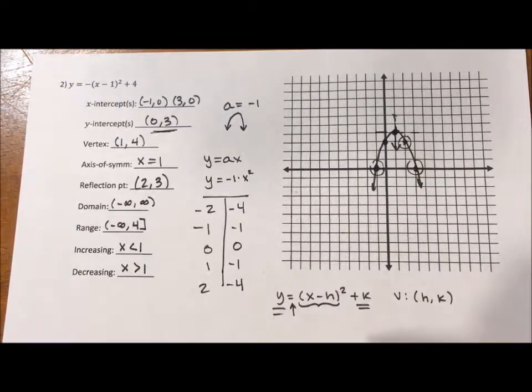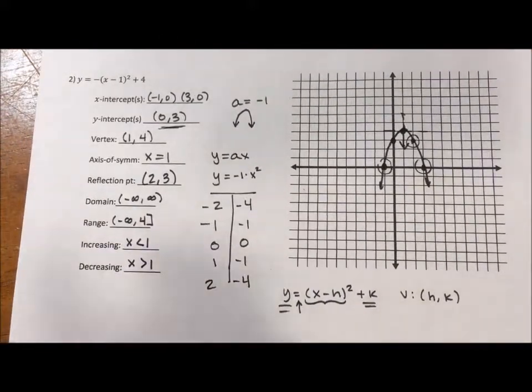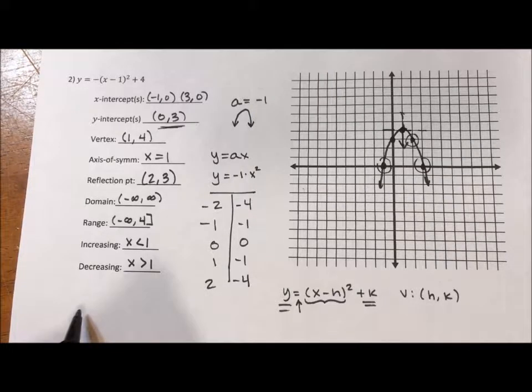Had we done it the other way, if you are curious, if I wanted the x-intercepts the natural way, x-intercepts are when y is 0. So when negative (x minus 1) squared plus 4 equals 0. Well, we subtract 4 over. That happens when negative (x minus 1) squared equals negative 4, or (x minus 1) squared equals a positive 4.